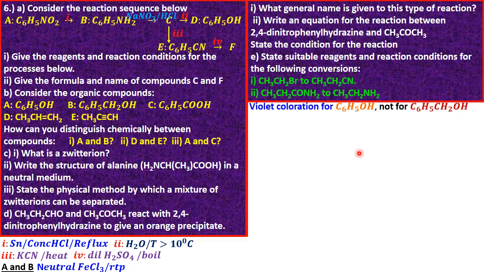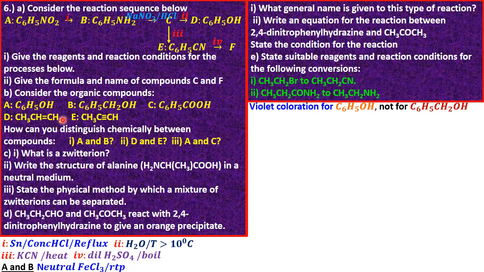We expect to see a violet coloration with phenol, but not for benzyl alcohol. Not for this compound. That's how we can test them. So whenever we see a violet or purple coloration, we simply know that what is present is what, guys? Phenol.